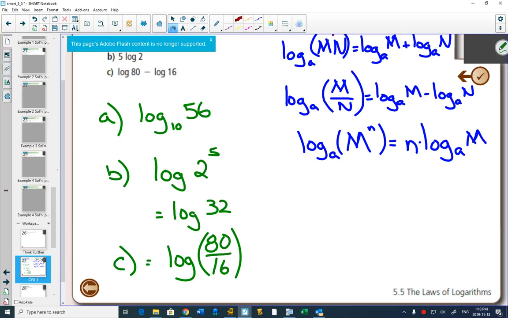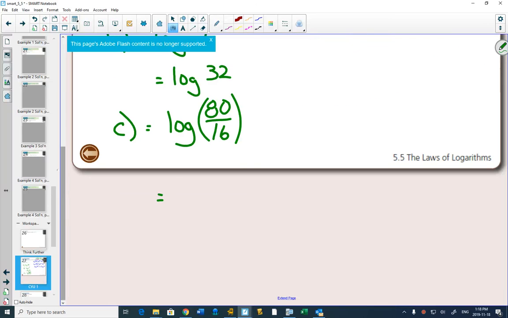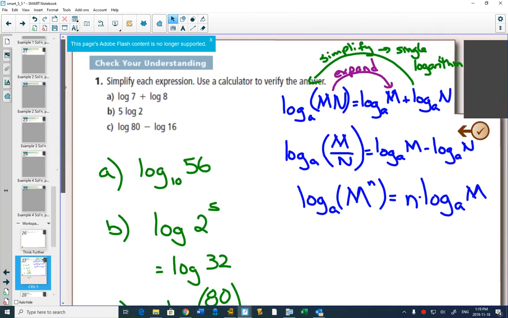You could leave it like this, or, because you don't need to simplify fractions, if you wanted to, 80 divided by 16 is 5. You could simplify it to be log 5. And again, we could plug this into our calculator to check.